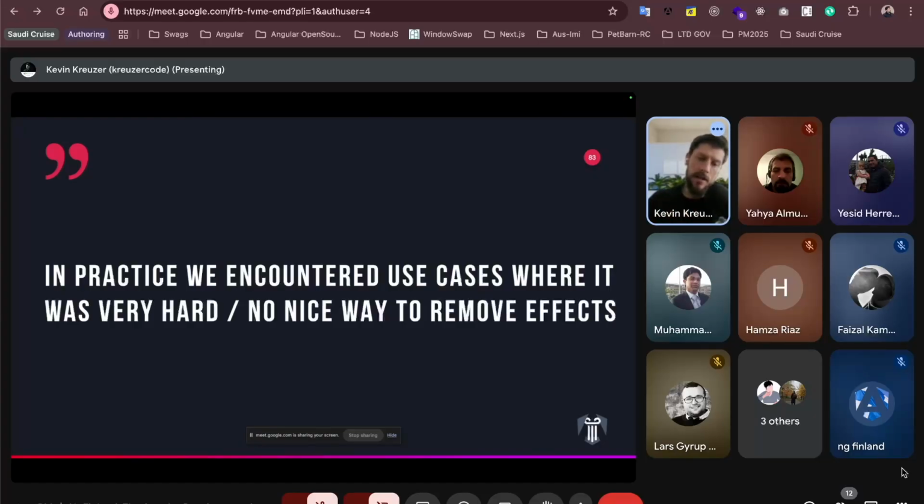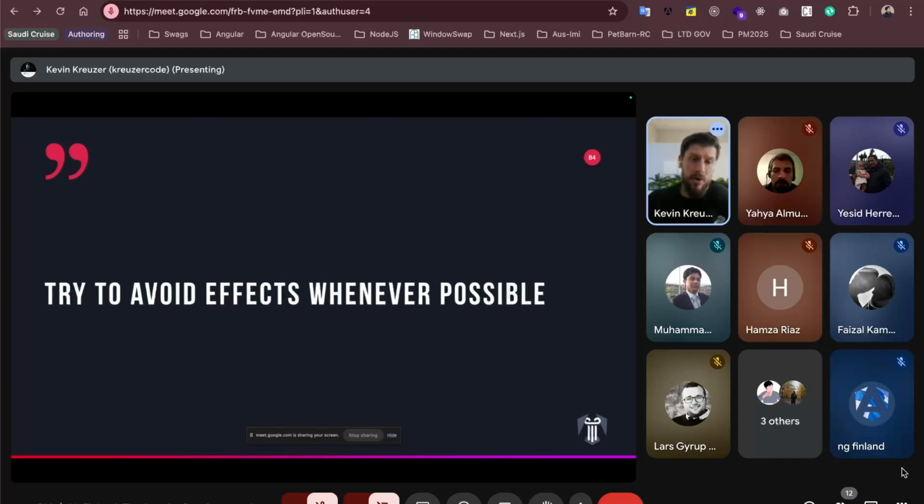Then effects really make sense. But maybe we should rephrase that: not try to avoid, but whenever you use an effect, always think, could I maybe use a linked signal, or some other approach here, especially when you're dealing with state.